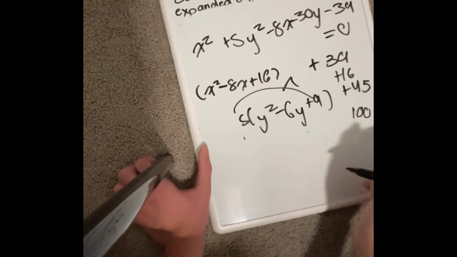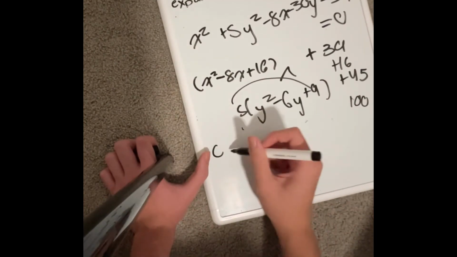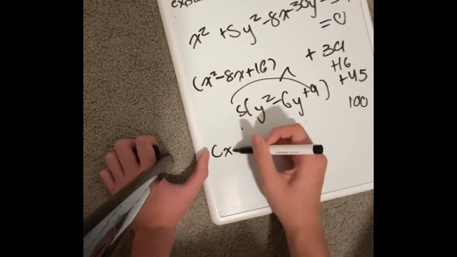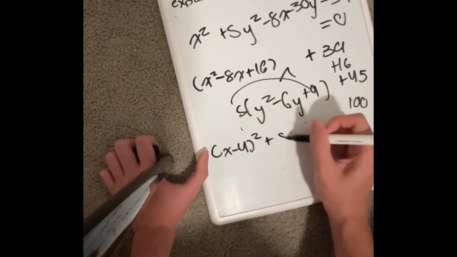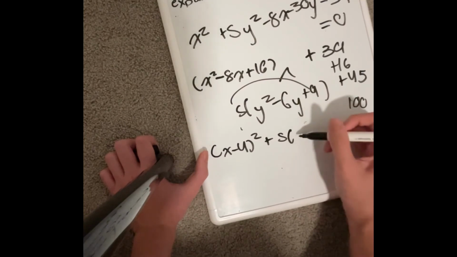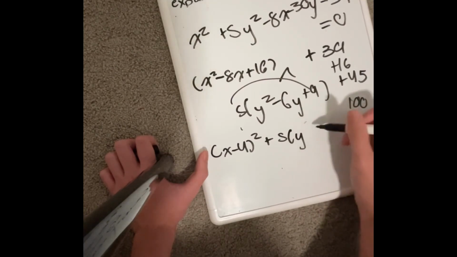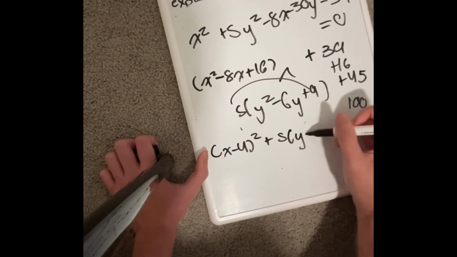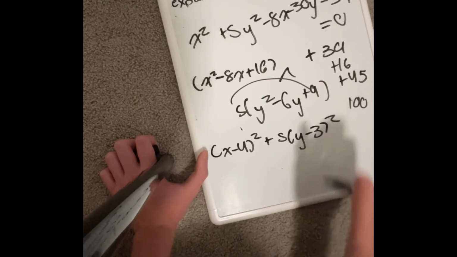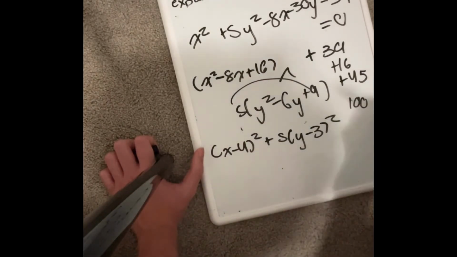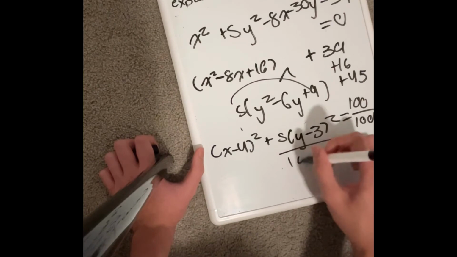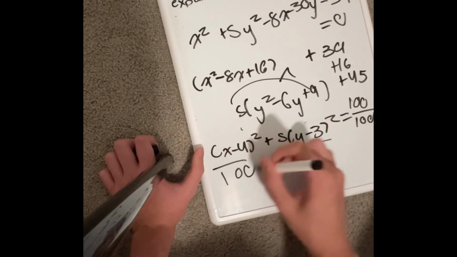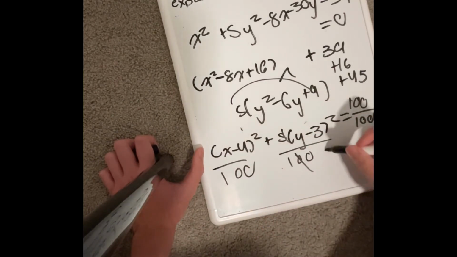And then we continue on with completing the square. x minus 4 squared plus 5 times y minus 3 squared equals 100. Then to get it back to 1, I divide by 100, and this would cancel out to 20.